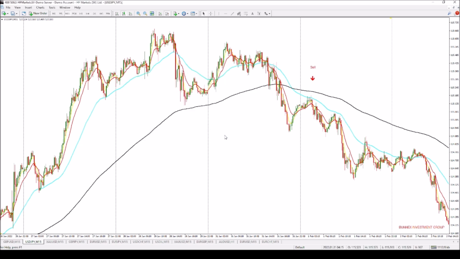So after putting it on your charts, the next thing is it will be giving you these sell and buy signals in real time, and these do not repaint. So to validate if these are in line with the market maker trend, you need to add just two more indicators.